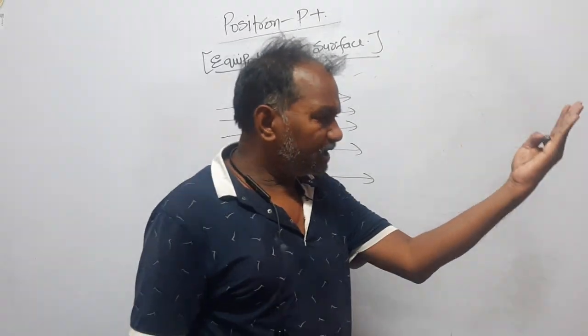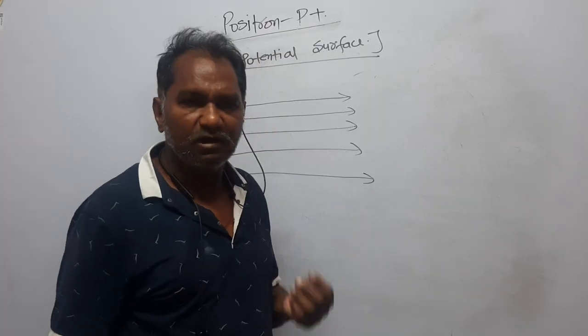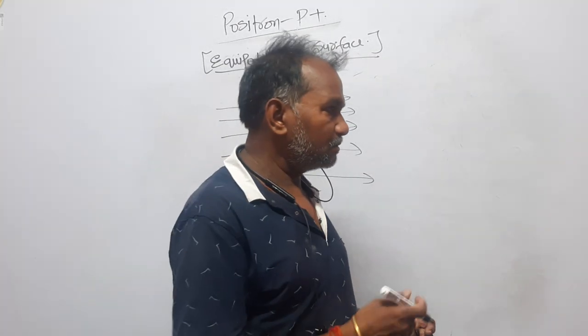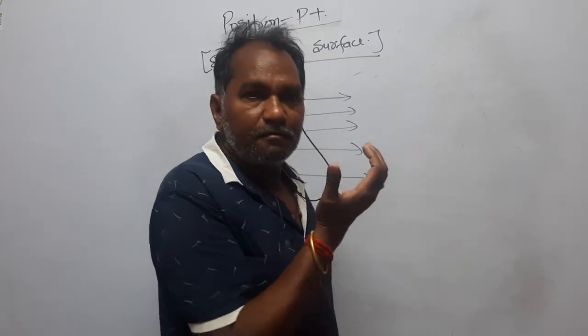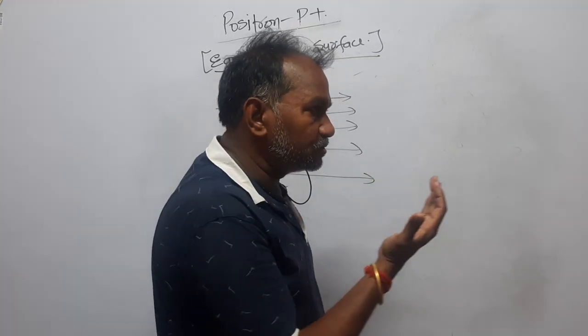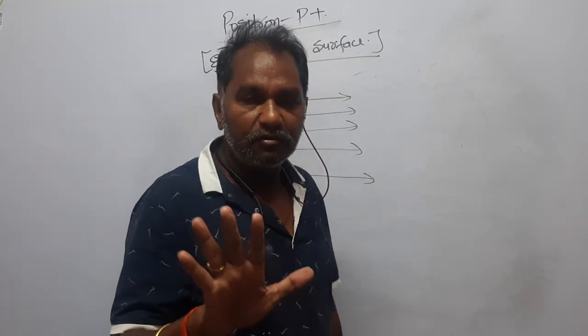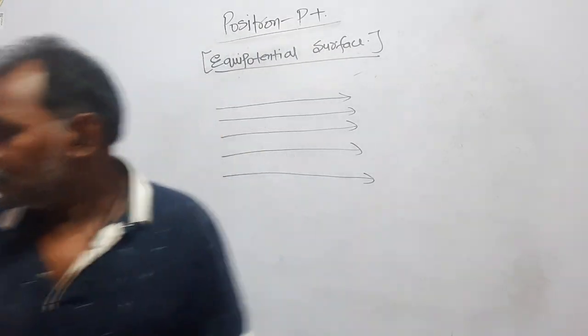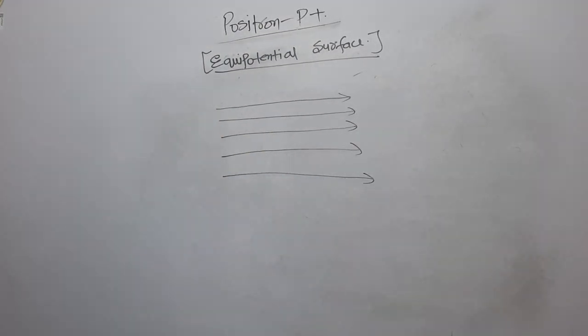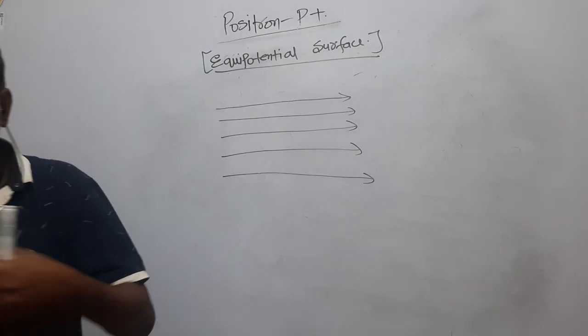Now, with equidistant parallel field lines coming in, the equipotential surface will be a plane like this. Look here.